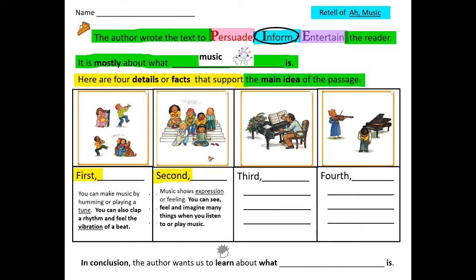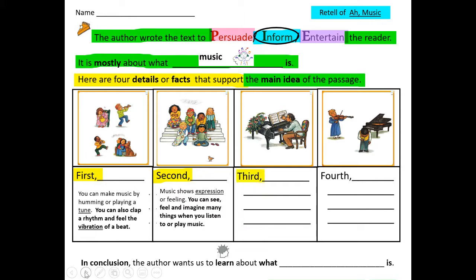You can see, feel, and imagine many things when you listen to or play music. So it can help you express yourself and it helps you feel different types of feelings, happy or sad. And you can imagine many different things as you are listening to music. It puts pictures in your head.